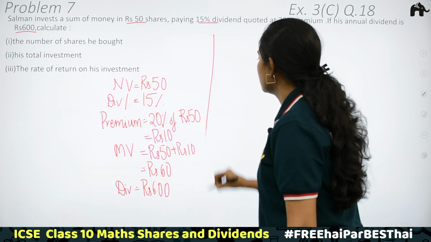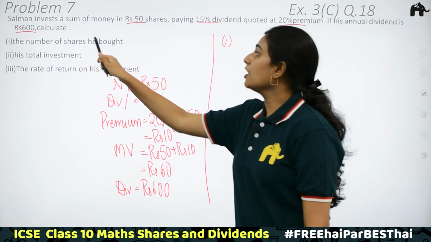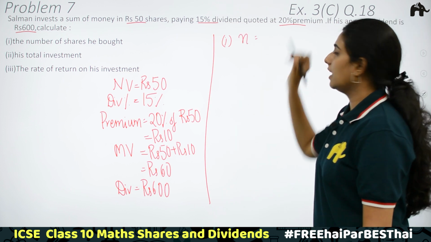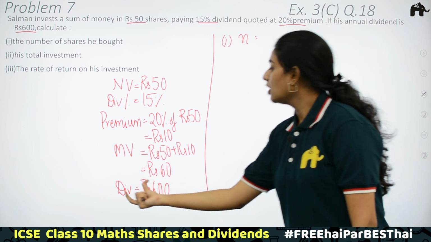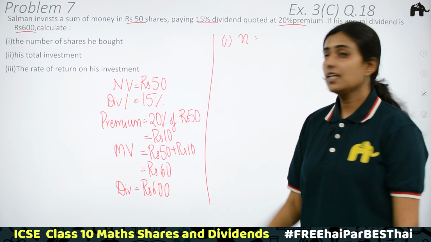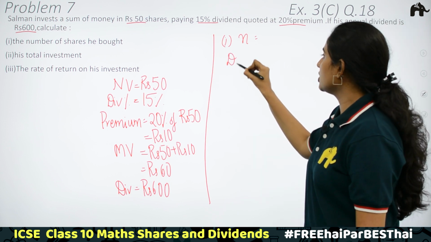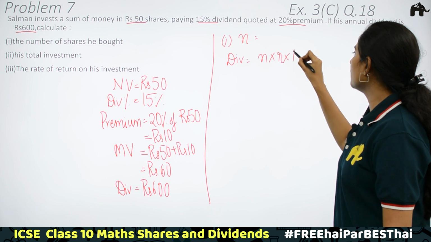Our first question is to find the number of shares he bought. Number of shares, N. How do you find? You have the total dividend. We can first find the dividend for one share. Dividend for one share is equal to N into R into NV.